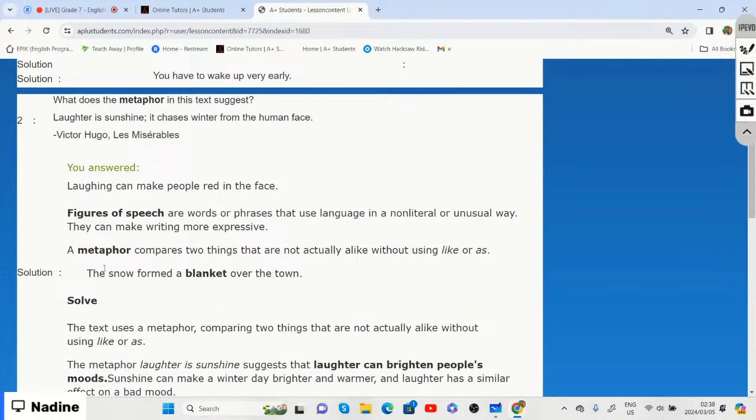All right. So the snow formed a blanket over the town, and we said it is comparing two things that are actually alike without using "like" or "as." So it is still a comparison, but they're not using "like" and they're not using "as."